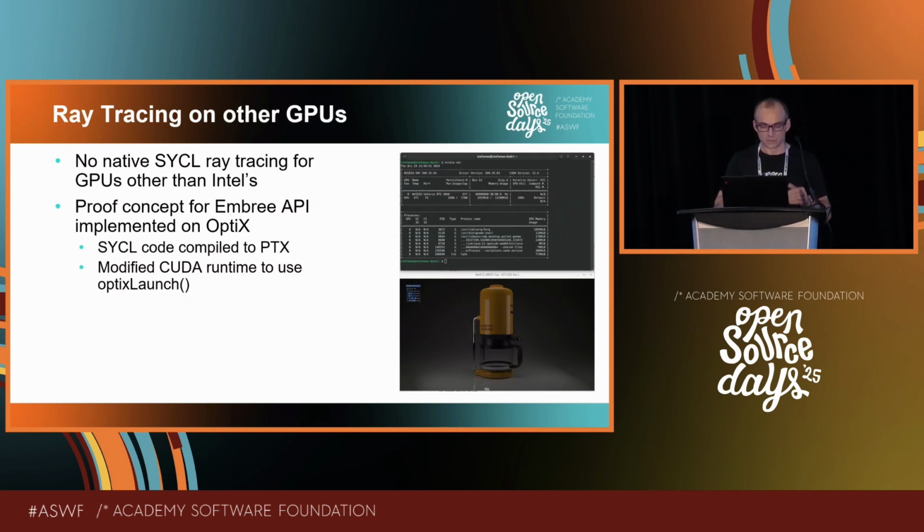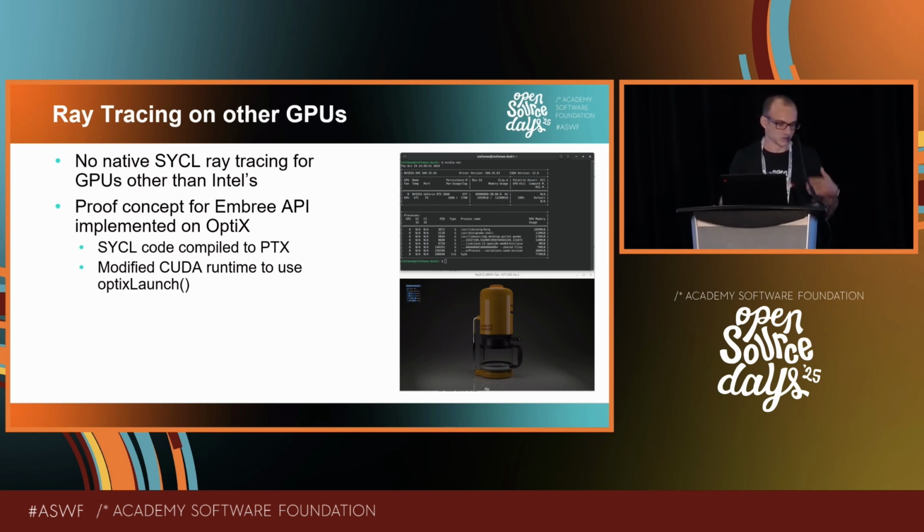We did experiment with whether we can also get other hardware acceleration into SYCL. An internal test that we did was porting Embree on top of OptiX, so that you would have SYCL code, it compiles to PTX, and then we feed that PTX into OptiX, and the runtime that we have for SYCL, we slightly modified it to use the OptiX launch.